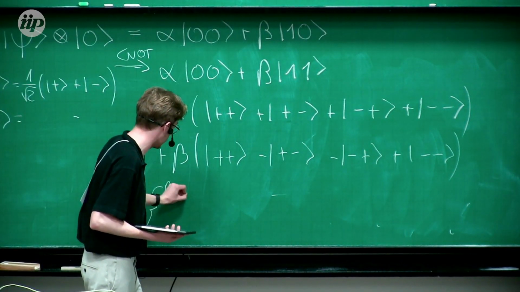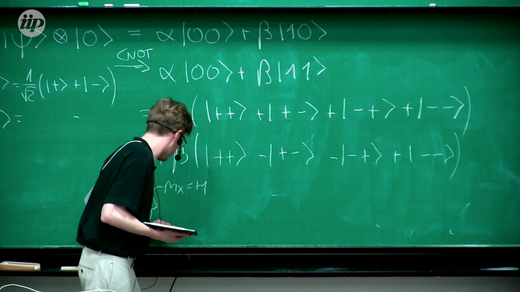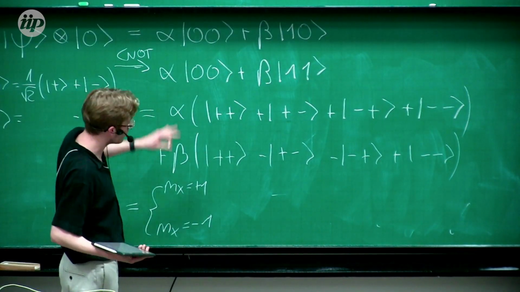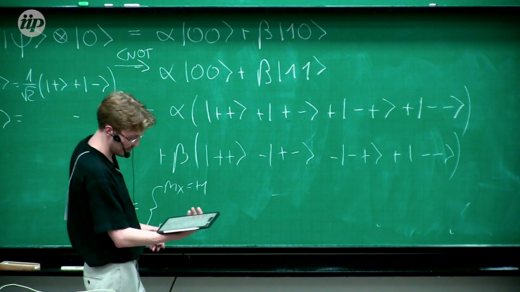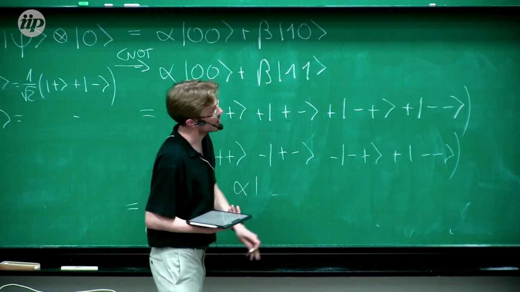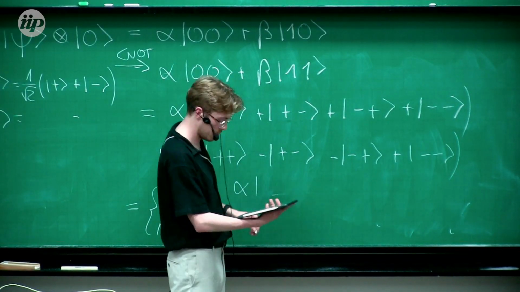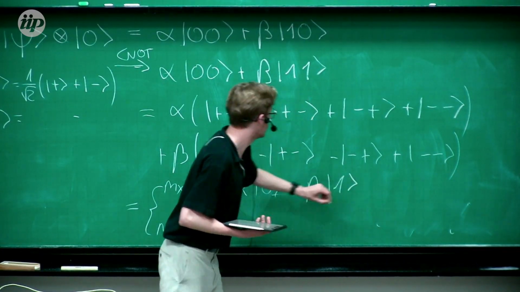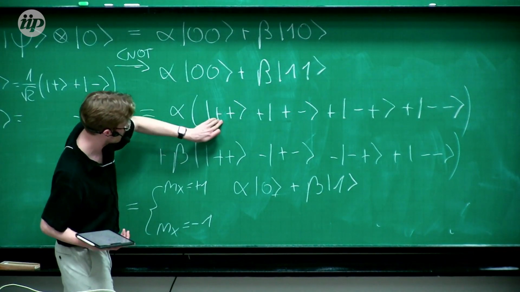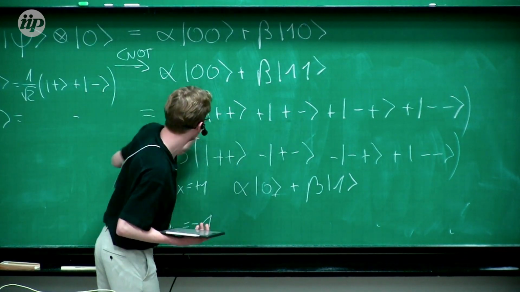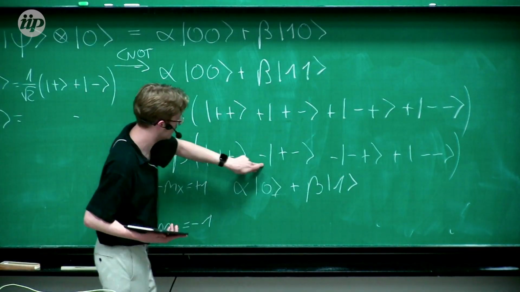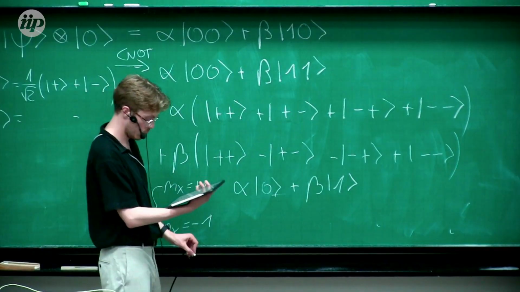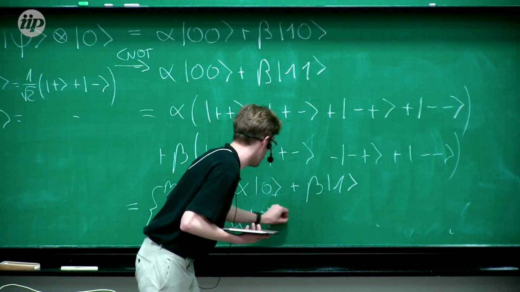If the measurement outcome is +1, then we can do the calculation, and I'm sure you believe me that we'll get on the second qubit alpha |0> plus beta |1>. This is because we get plus, plus, minus for alpha, and we get plus, minus, minus for beta. And in the -1 outcome, we'll get alpha |0> minus beta |1>.